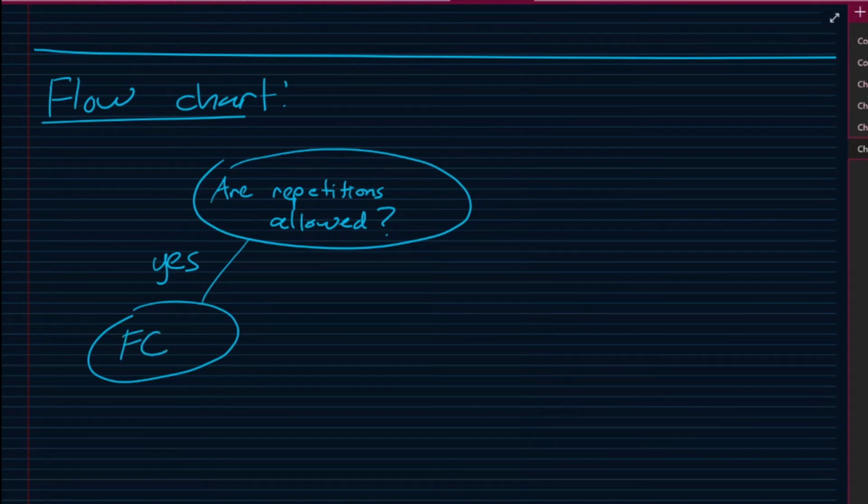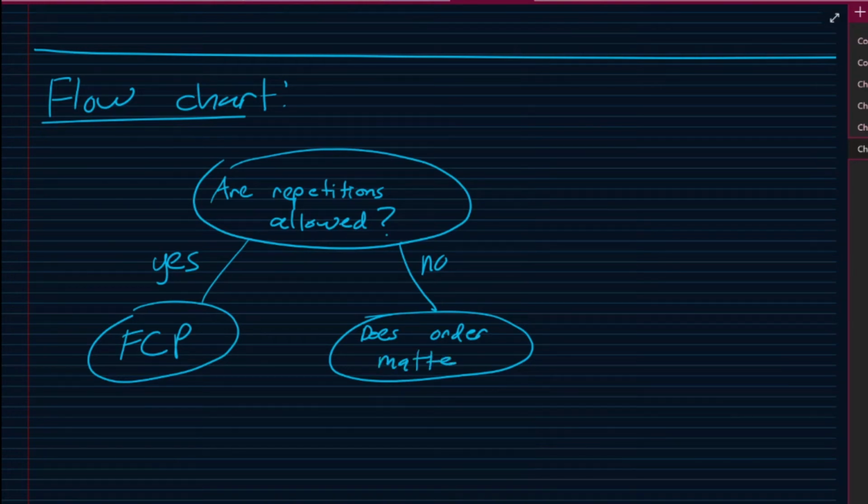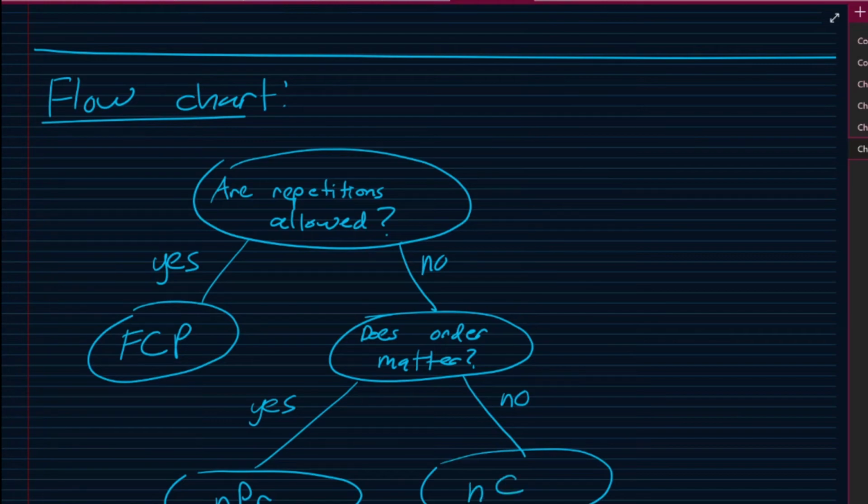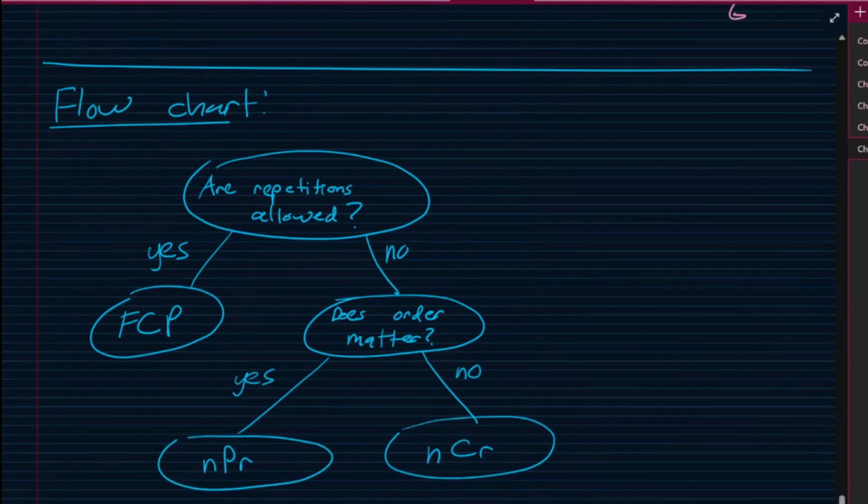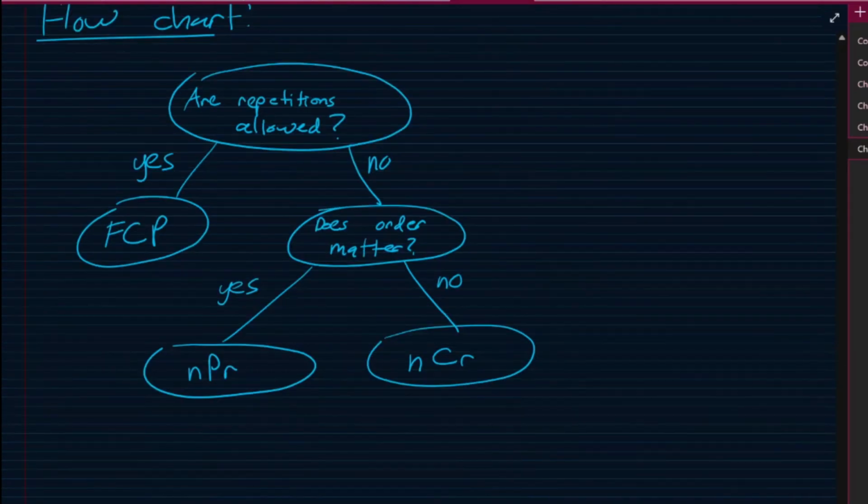If no, we ask a second question: does order matter or not? If the order matters, we use the permutation formula, nPr. If the order does not matter, we use the combination formula, nCr. So this is like a decision flow chart for how to decide which formula to use, because it could be quite confusing for sure.